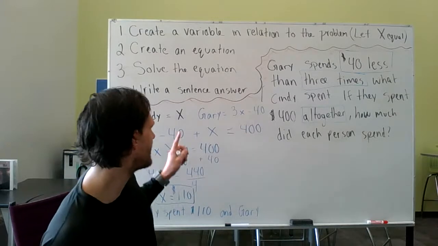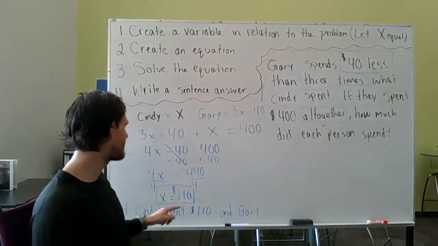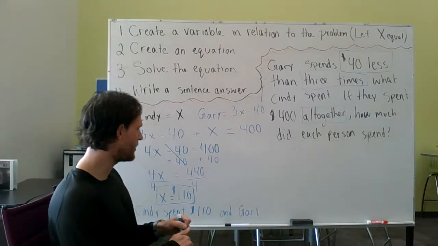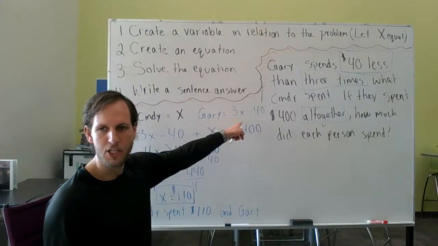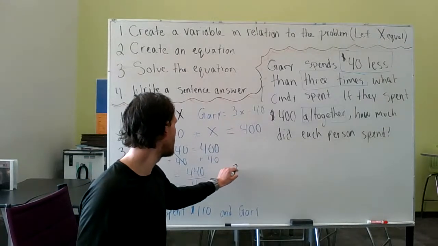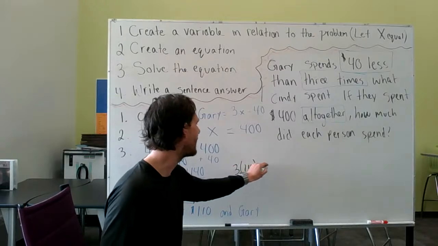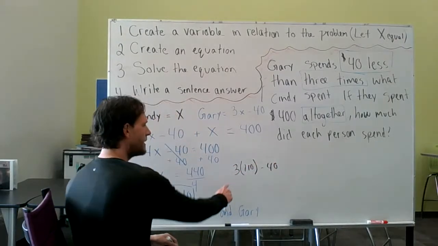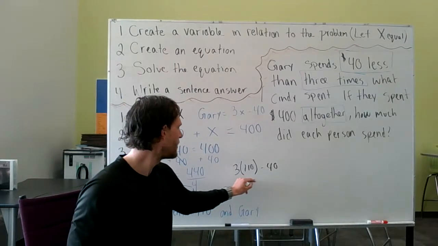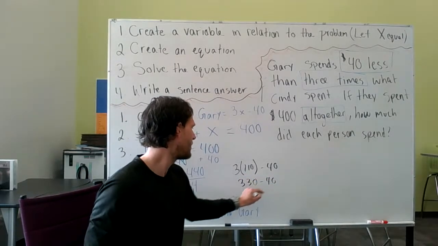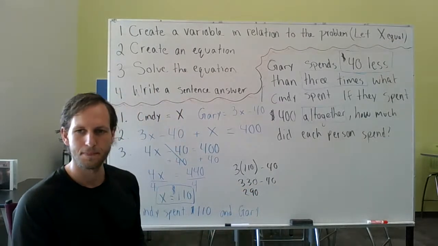So how do we figure out how much Gary spent? Well, 3 times x. And if I do that here, I'll do it in the black marker over here. So I substitute x in, just like we're checking our work. 3 times 110 minus 40. Well, 3 times 110 is 330 minus 40 is going to be 290.